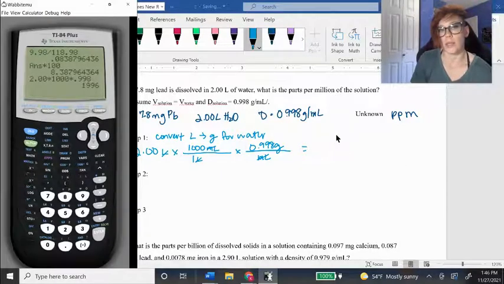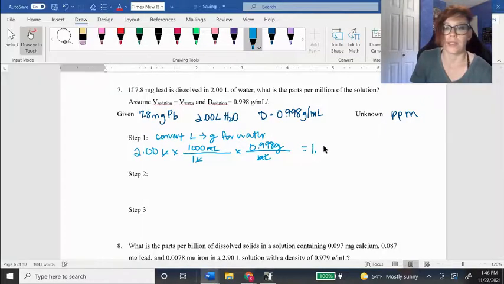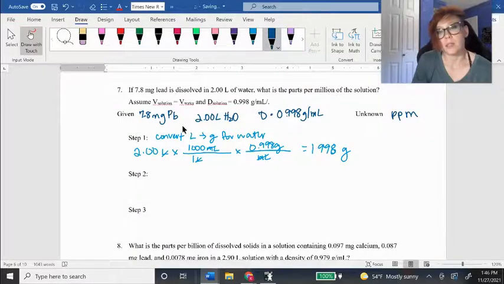That gives me 1,998 grams of solution, because we're assuming that the volume of the solution is equal to the volume of water.